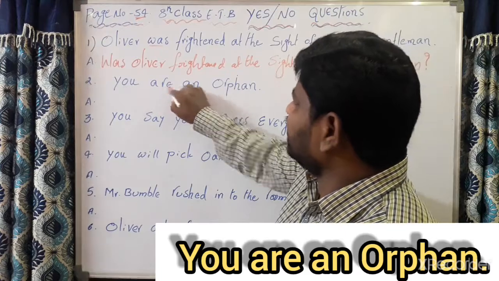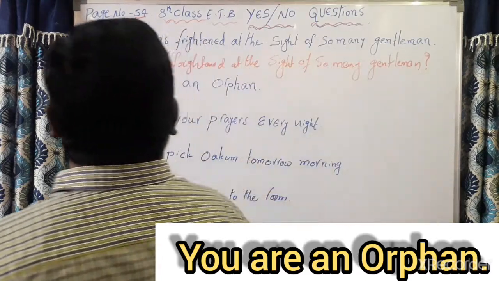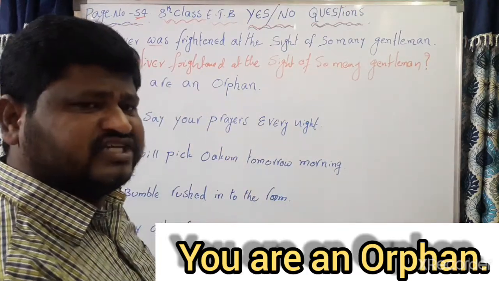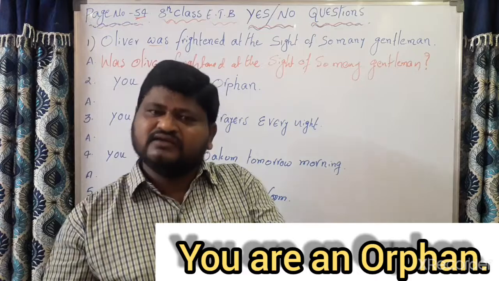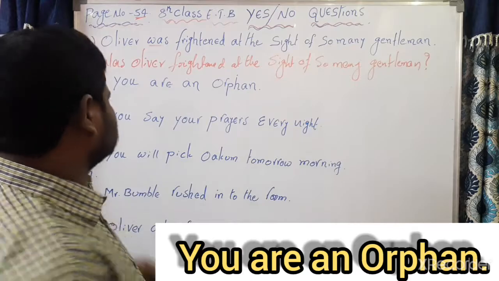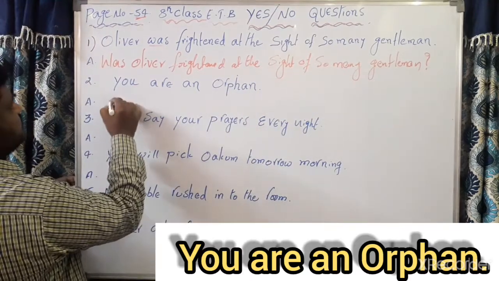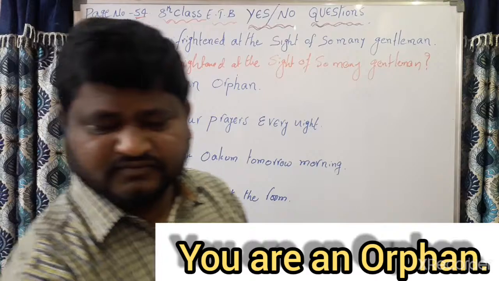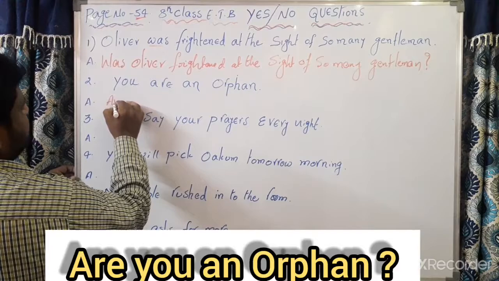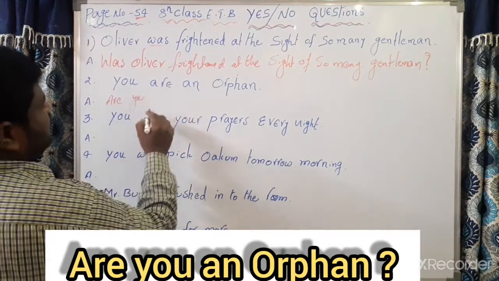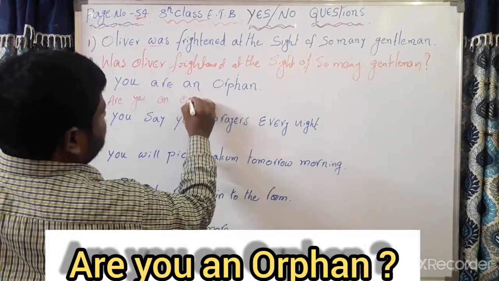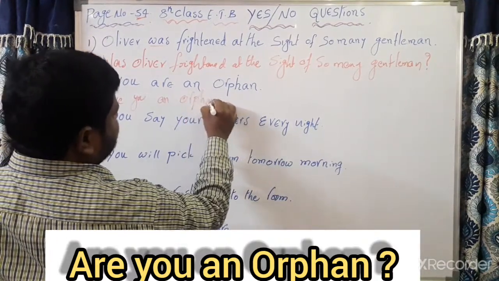What is that? Are. ఈ are హెల్పింగ్ వర్బ్ వచ్చింది కాబట్టి ఇచ్చిన సెంటెన్స్‌ని మనం క్వశ్చన్ మార్క్‌లోకి ఎస్ఆర్ టైప్‌లోకి మార్చాలంటే ఏం చేయాలి? హెల్పింగ్ వెర్బ్ సబ్జెక్ట్ ముందుకు వెళ్తుంది. నెక్స్ట్ ఈ సబ్జెక్టు హెల్పింగ్ వెర్బ్ తర్వాత వస్తుంది. Are you an orphan?